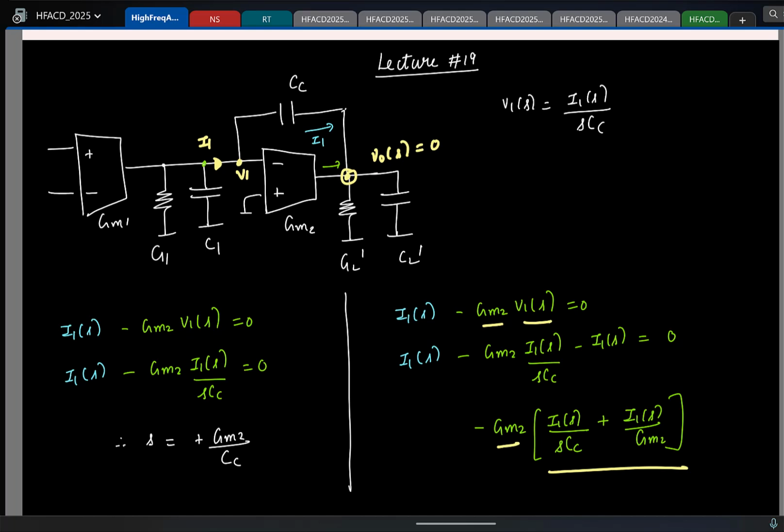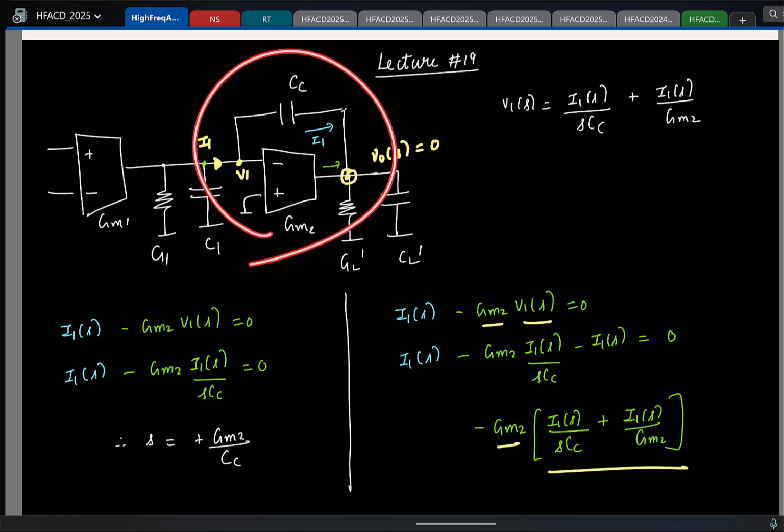Is that okay? As of now, the voltage V1 is I1 by SCC, but now I want this to be I1 by SCC plus I1 of s by GM2. Is this okay?